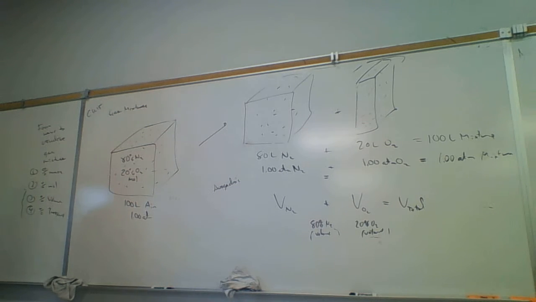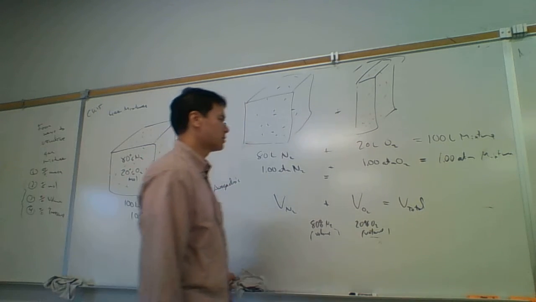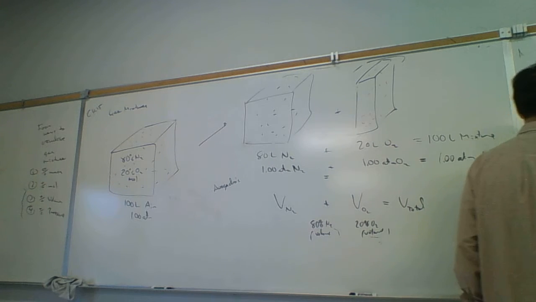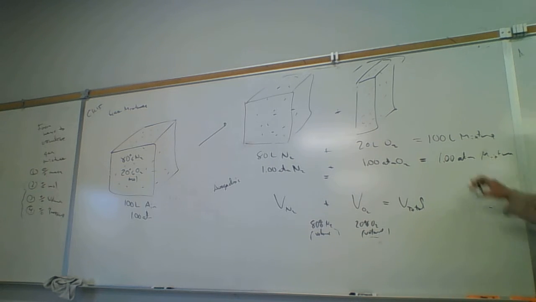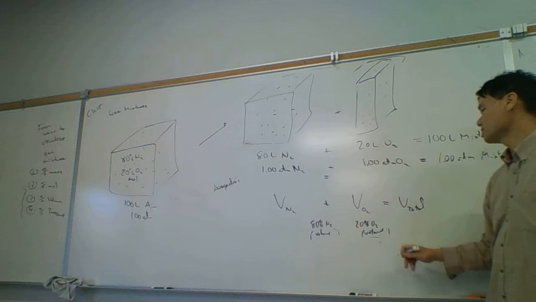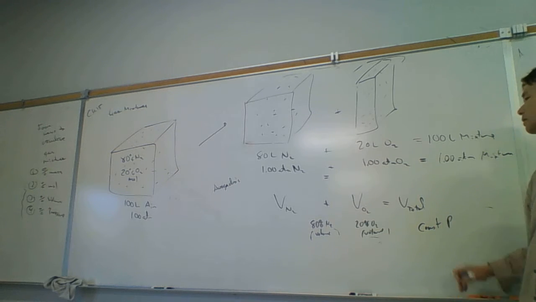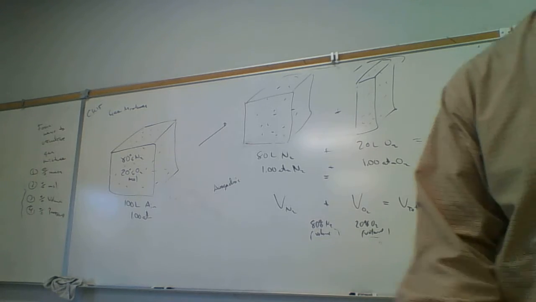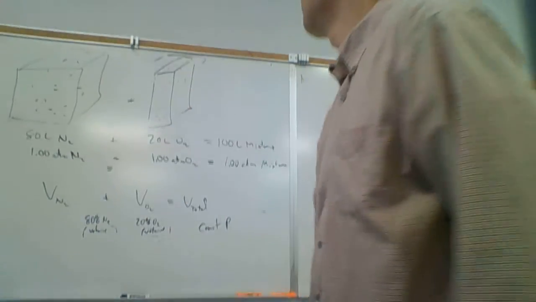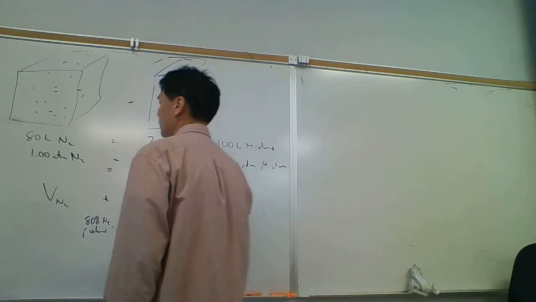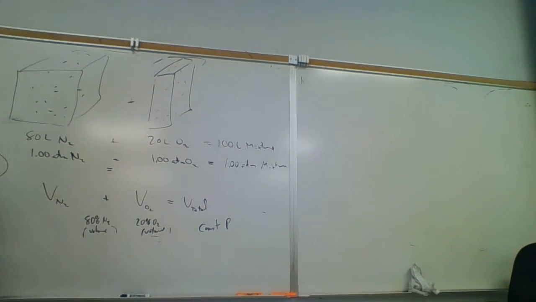It's 80% nitrogen by volume, 20% oxygen by volume. And when the pressures are equal like this, we call it constant pressure. That is, the pressure doesn't change. We don't want it to get high or low. This is Avogadro's.